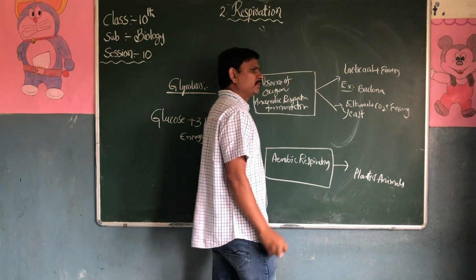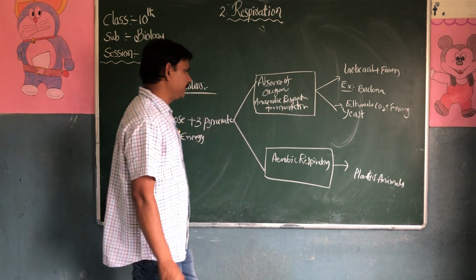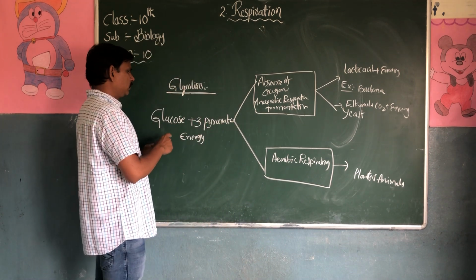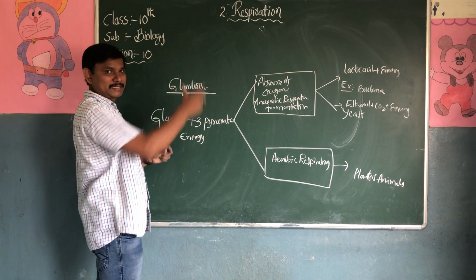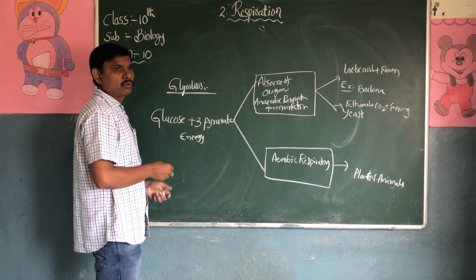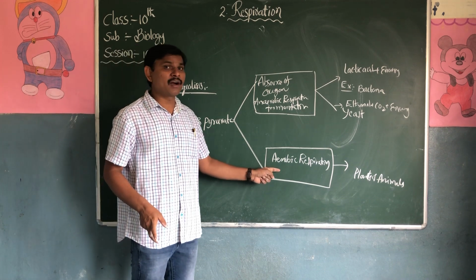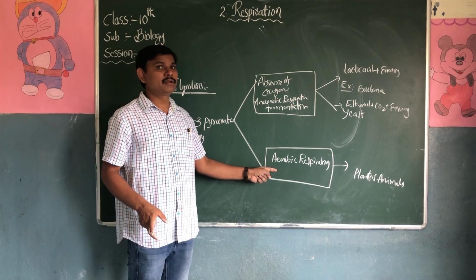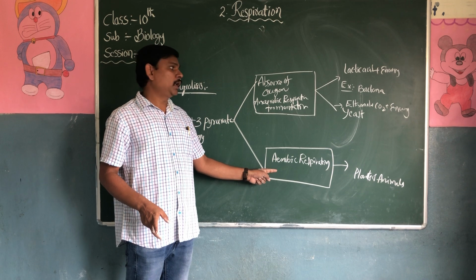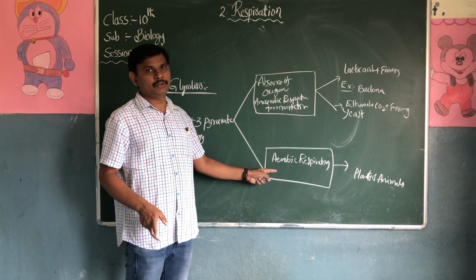Plants and animals, what happens? When glucose is broken down in the cell in the presence of oxygen, it is called aerobic respiration.